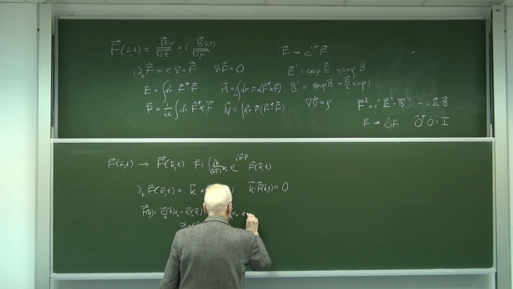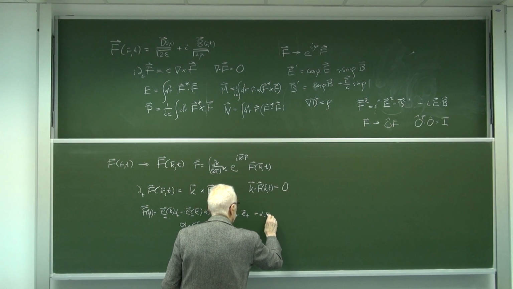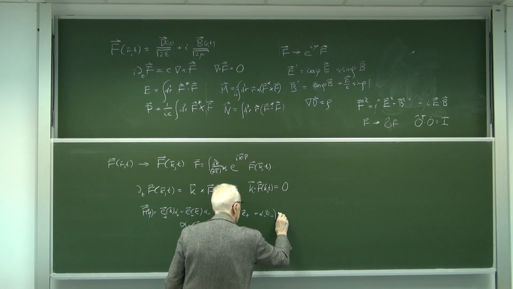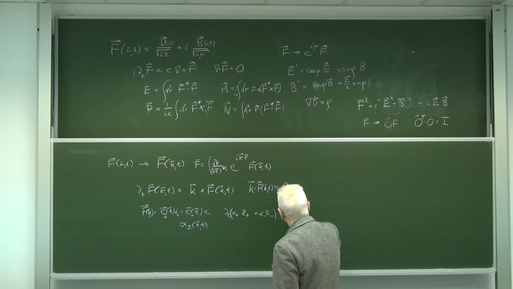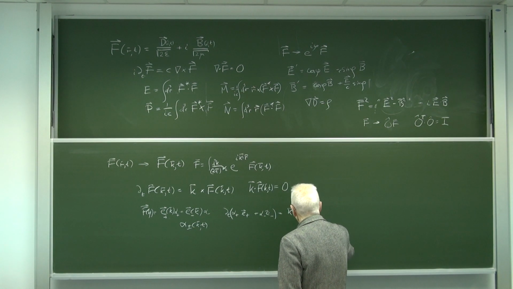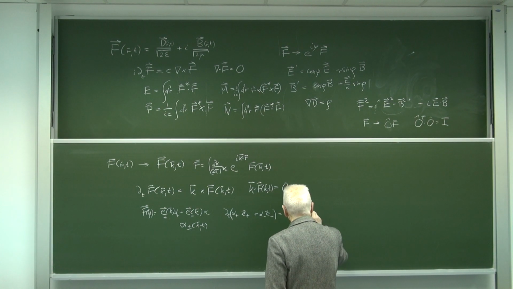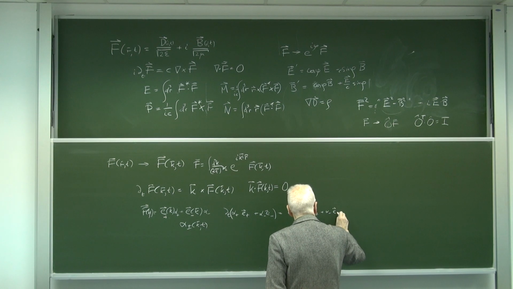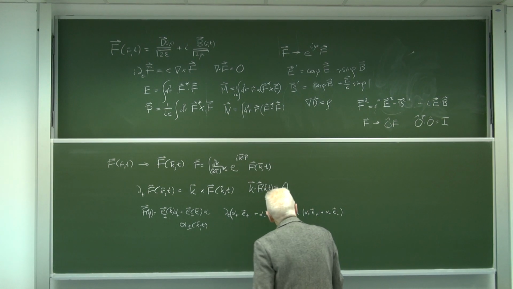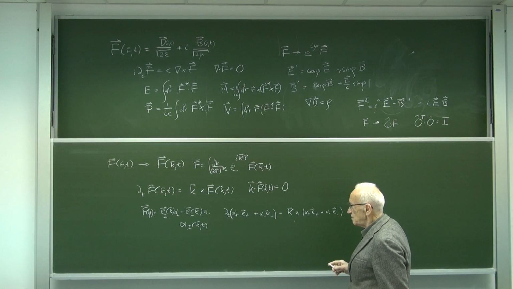Alpha plus times E plus, it's a simple calculation, but it's better to do it explicitly. This is equal to k cross, and the same combination, alpha plus E plus, alpha minus E minus.